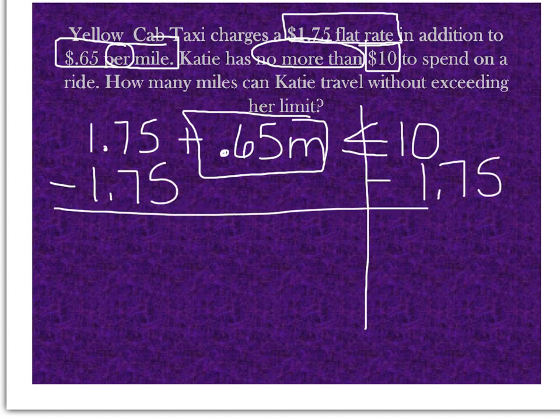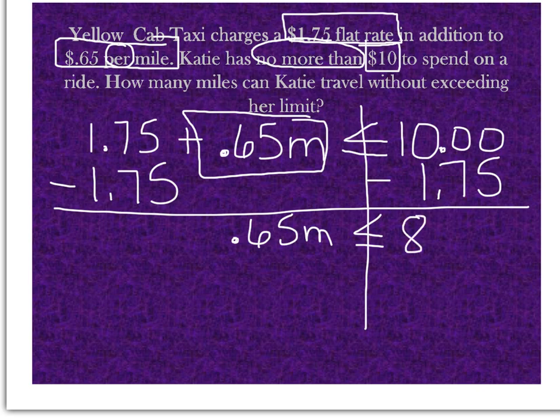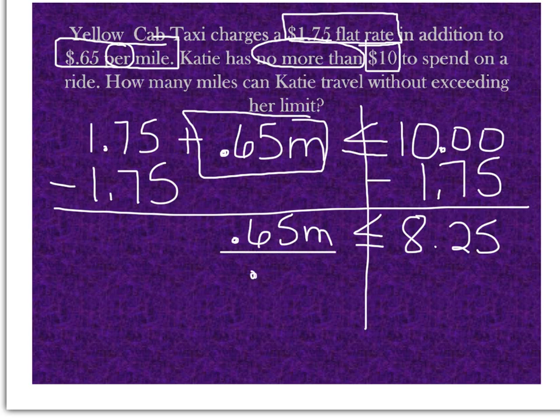When we take away $1.75, remember this is $10, we're going to get 65 cents M is less than or equal to $8.25. Now we have to get M by itself, so we divide by 65 cents on both sides.